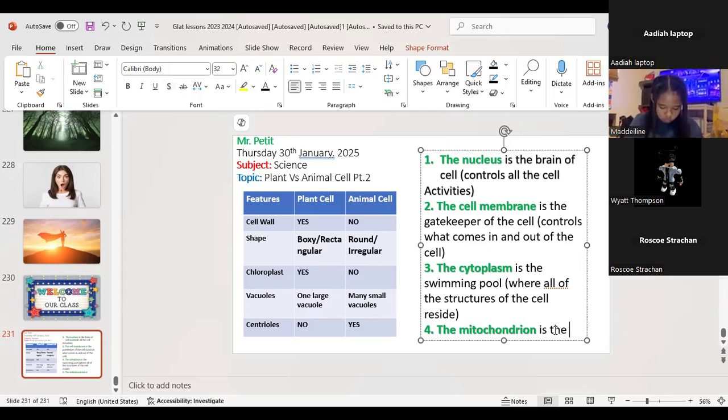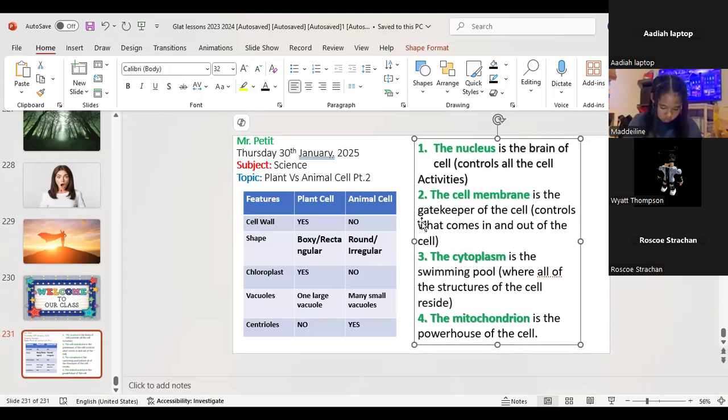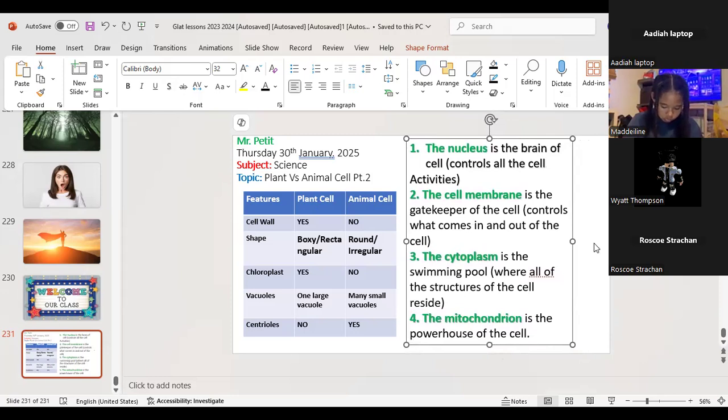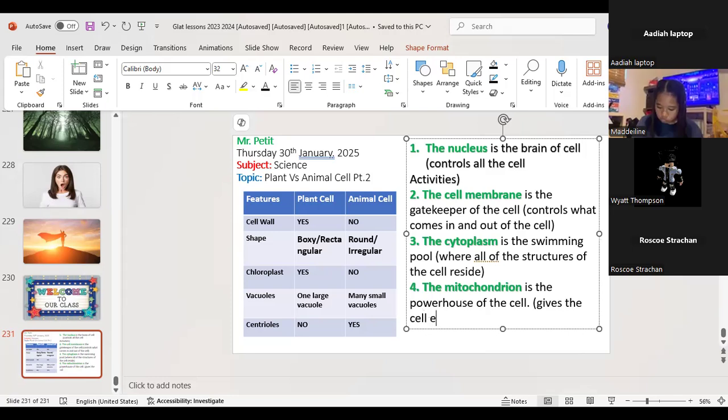The mitochondrion is the powerhouse of the cell. It gives the cell what? Energy. It's the powerhouse of the cell.